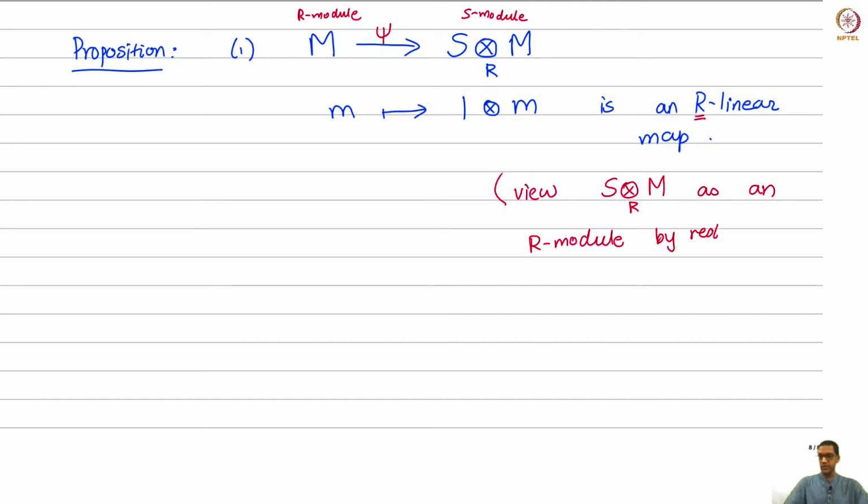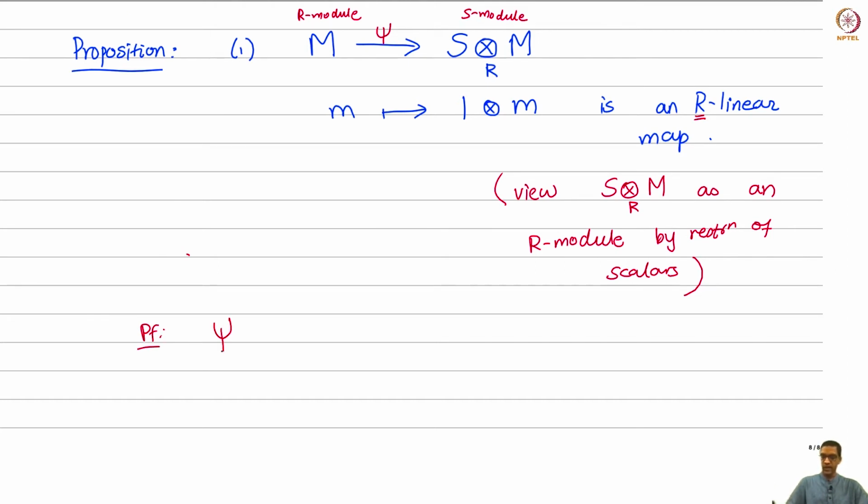That's something you can always do, right? So I think of both as R modules, and then I claim that this map psi is actually an R linear map.